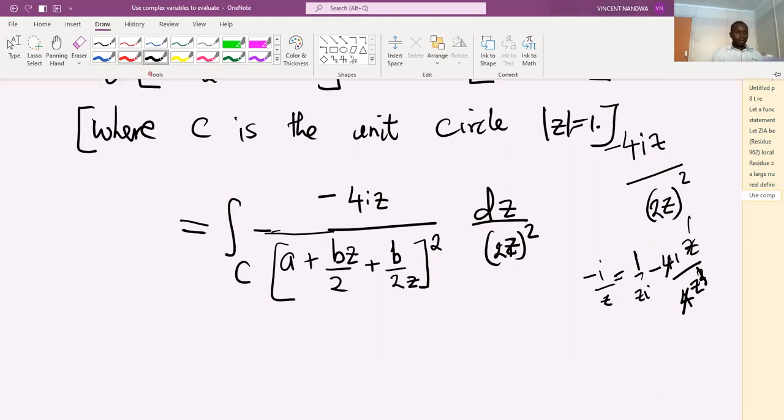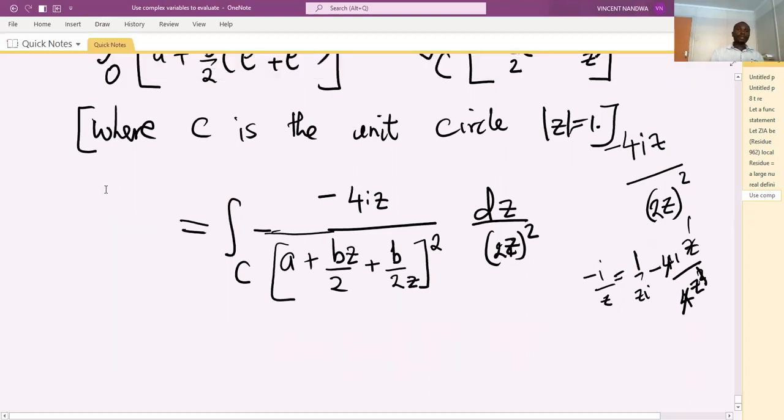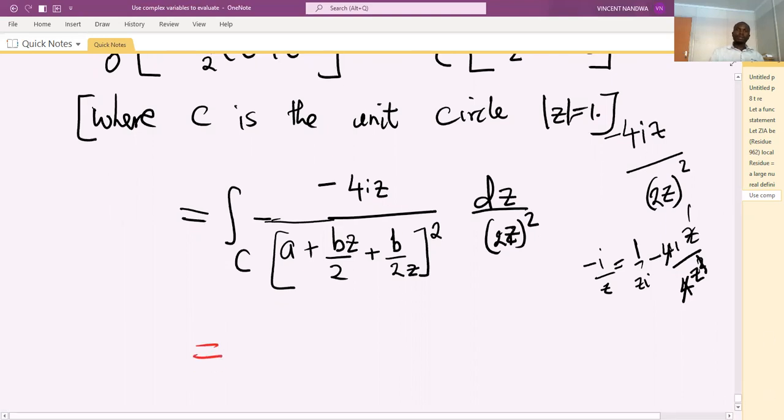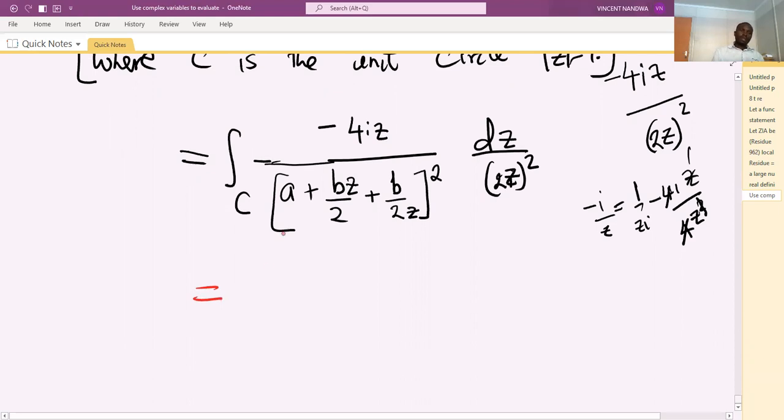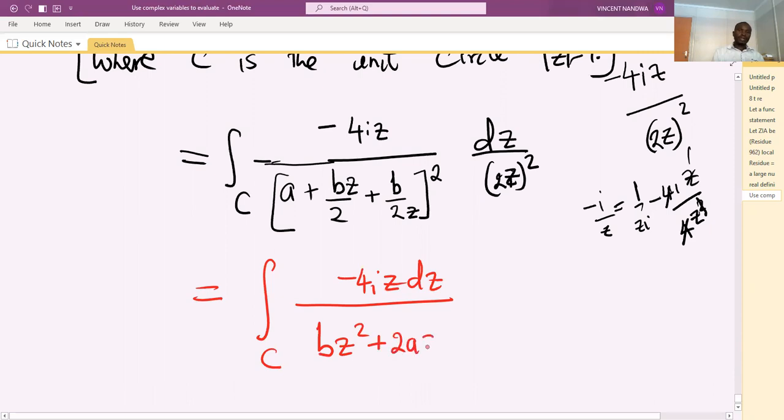So the next point, we'll write the integral as the integral along C of minus 4iz dz over (bz squared plus 2az and then plus b) squared.